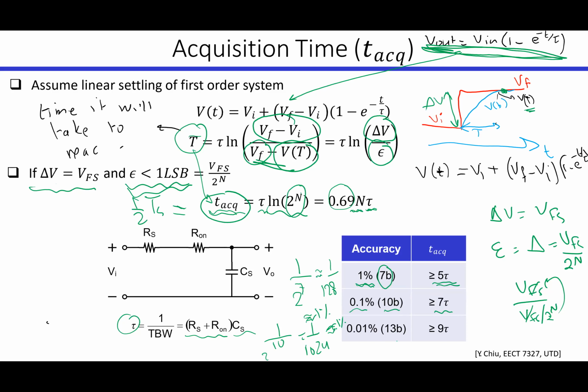You can see that every time you increase your accuracy, you are reducing your LSB size, and therefore you need more time for your output to follow your input within less than 1 LSB value. Okay, so this will decide a maximum value of your R on that you can select.